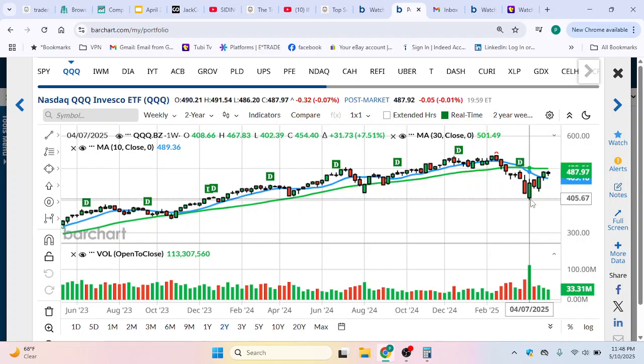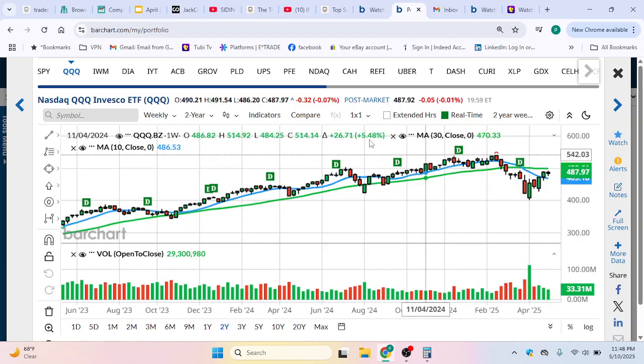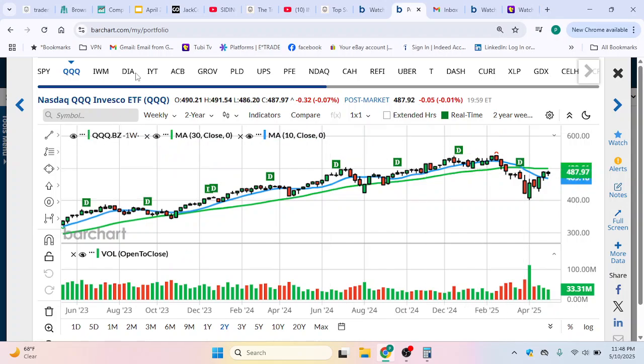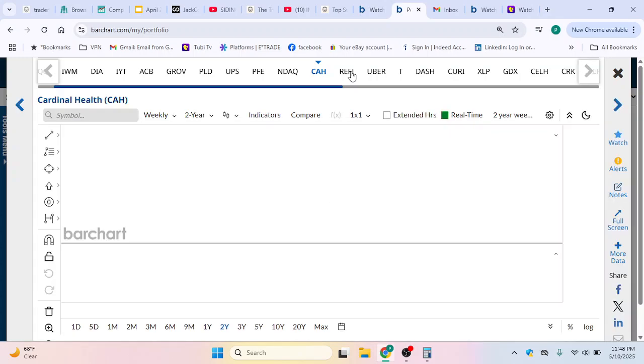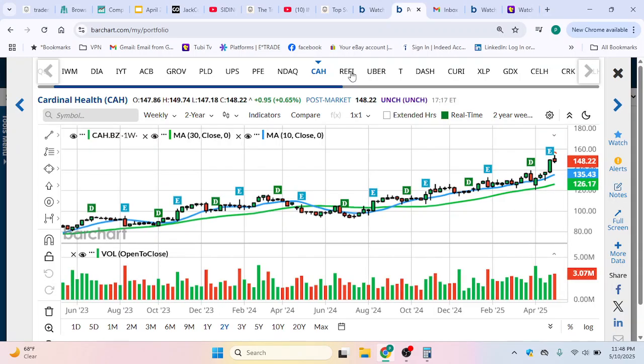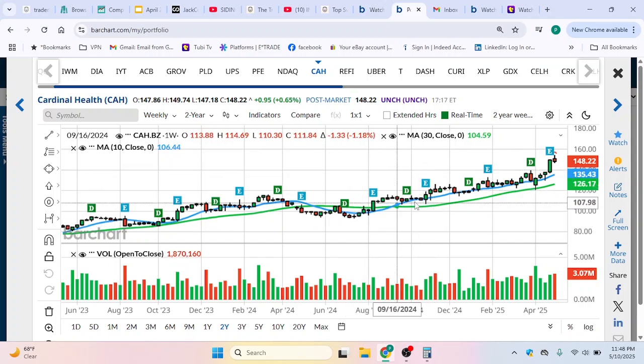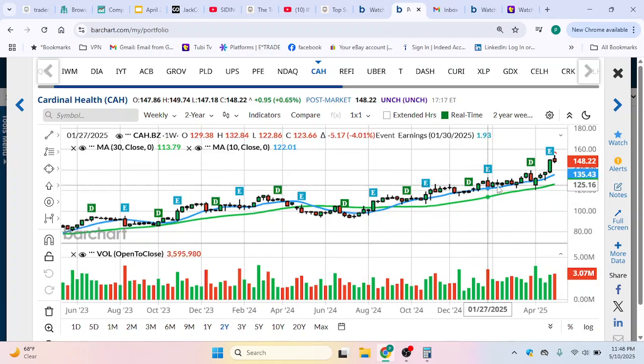So it just depends on where you're at, what your investing style is. I can share with you other trades I've taken recently that have been pretty good trades. Here's Cardinal Health. Again, even though Cardinal Health is part of the healthcare industry, it has outperformed its peers over the same period. It's actually outperformed the market too.